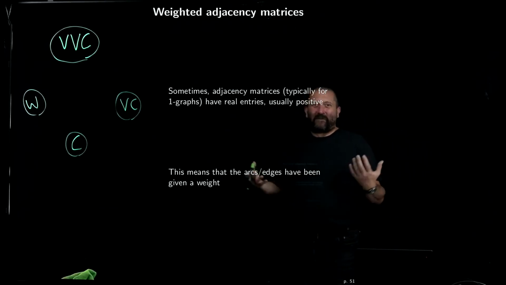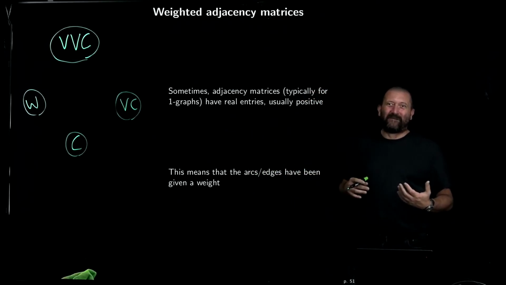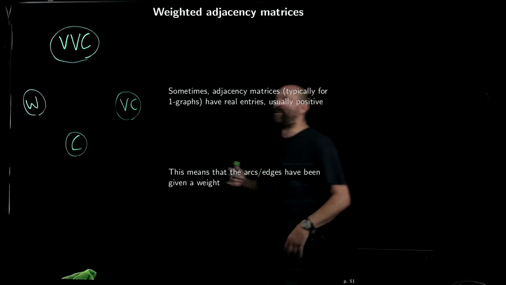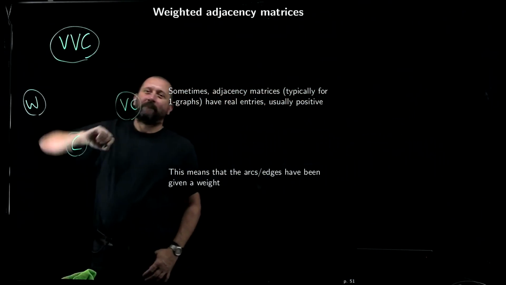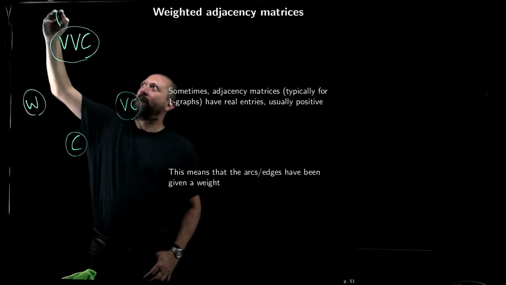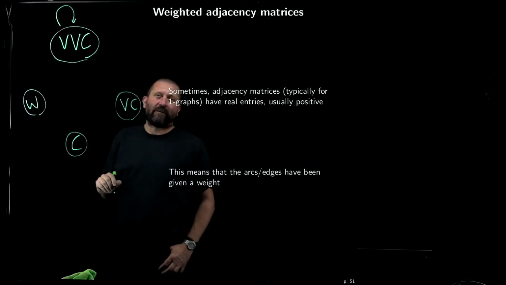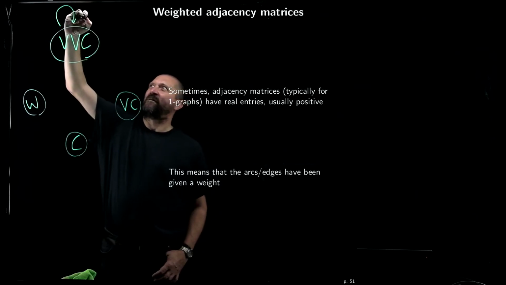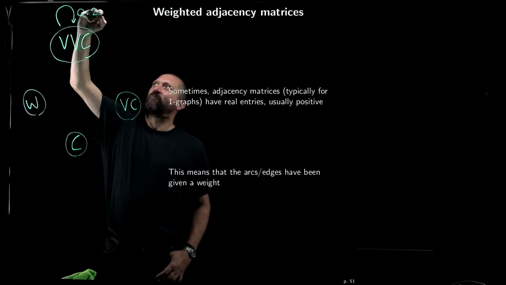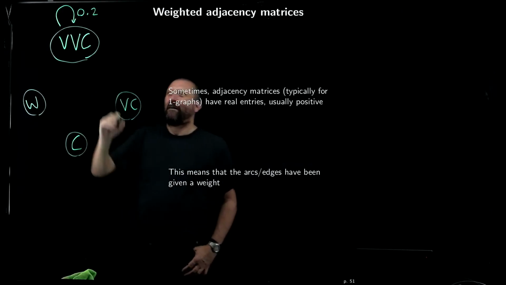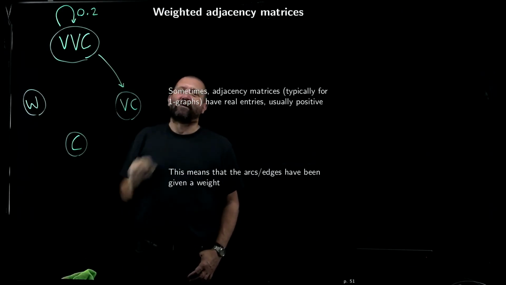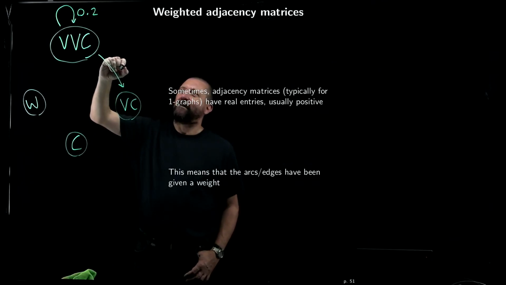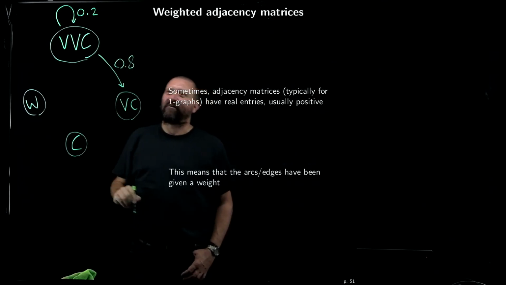And typically I assign completely silly values to this. If it's very, very cold, the probability that it's still very, very cold the next day is 20%, and otherwise it will be very cold in 80% of the cases.